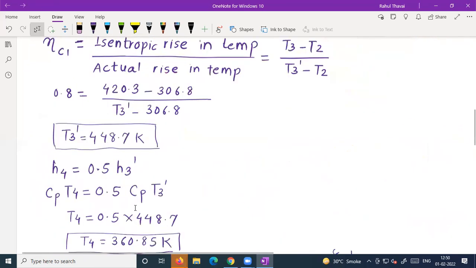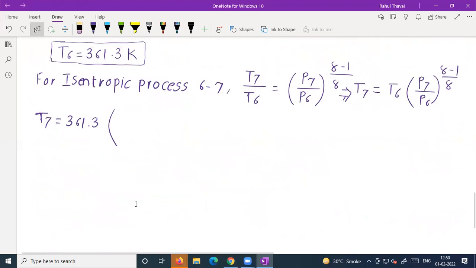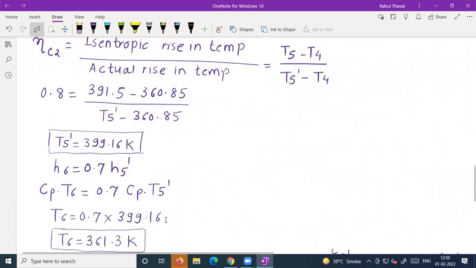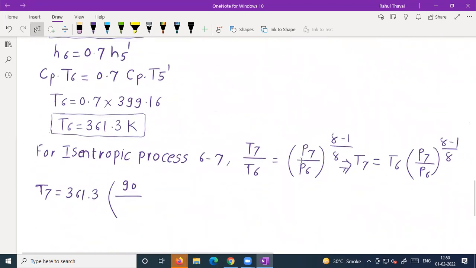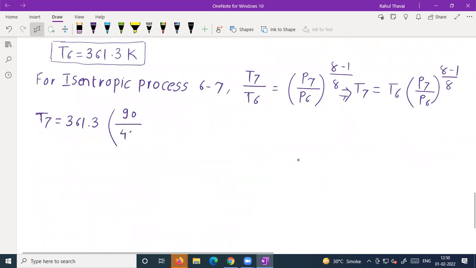So P7 is 90 kilopascal, divided by P6. P6 is given as 400 kilopascal, raised to power gamma minus 1 upon gamma, that is 1.4 minus 1 upon 1.4. By doing this, we get T7 as 236 Kelvin.